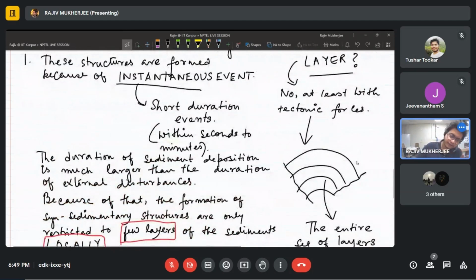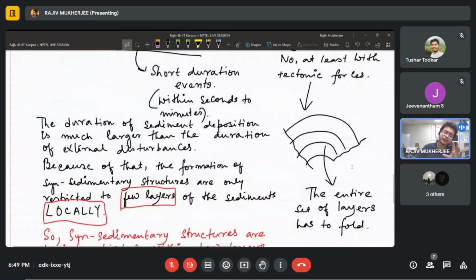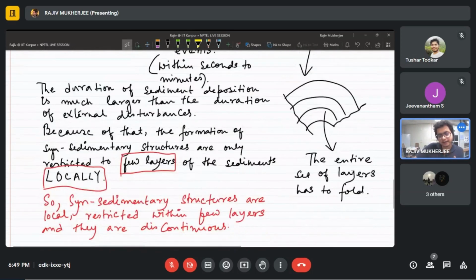Then if the entire set of layers has to fold, do you think that this folded sequence would be local, restricted to a few layers and discontinuous? What is the answer?